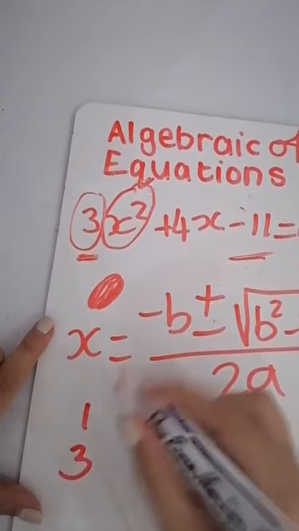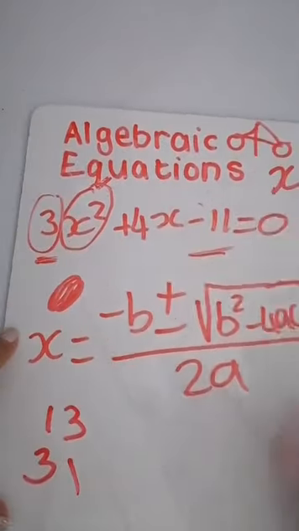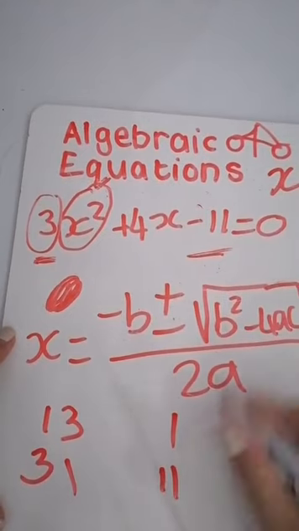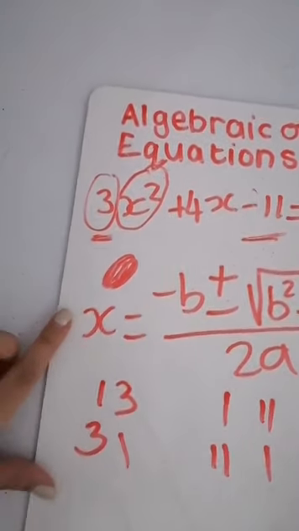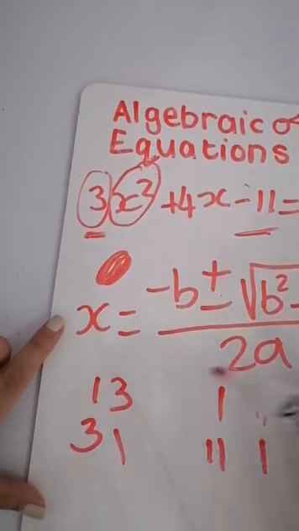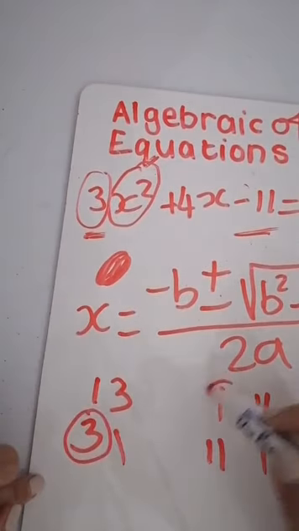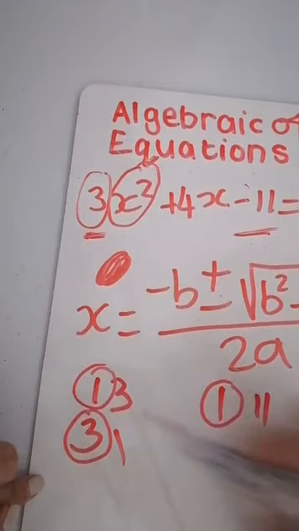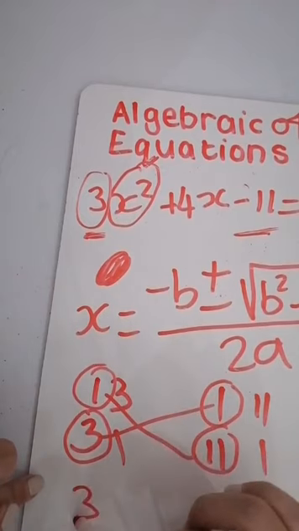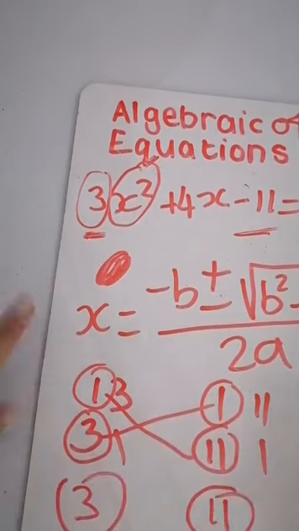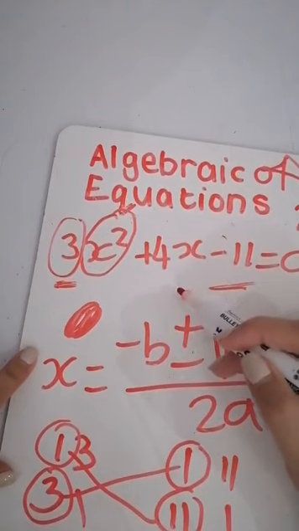So it's 1 multiplied by 3 and 3 multiplied by 1. And for the constant, 1 with 11 and 11 with 1. Now, take a look. We always did this method. It's cross multiplication. 1 with 3 and 1 with 11. When you're doing cross multiplication, 1 times 11 is 11. 1 times 3 is 3. No combination of these numbers can give me 4.